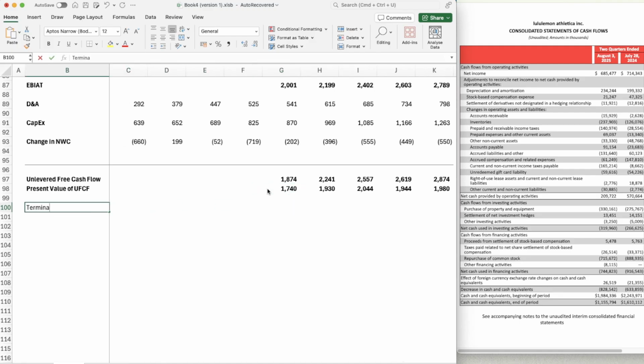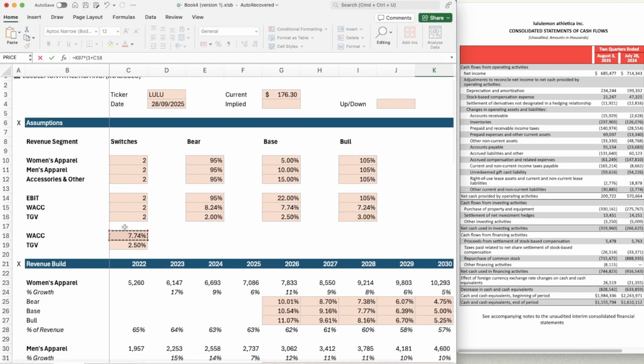Now we want the terminal value, and that is equal to, you take the unlevered free cash flow multiplied by 1 plus the WACC divided by the WACC minus the terminal growth value.